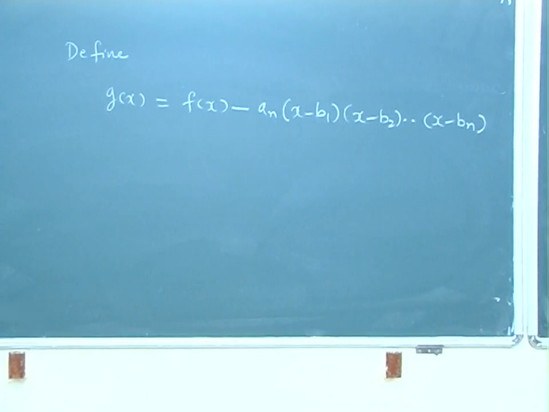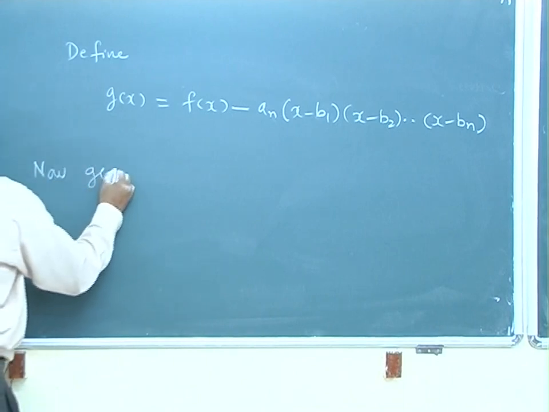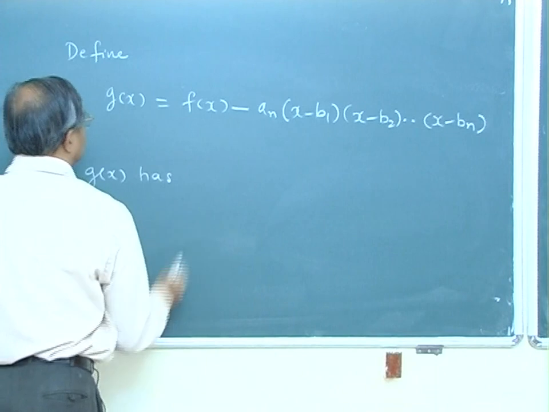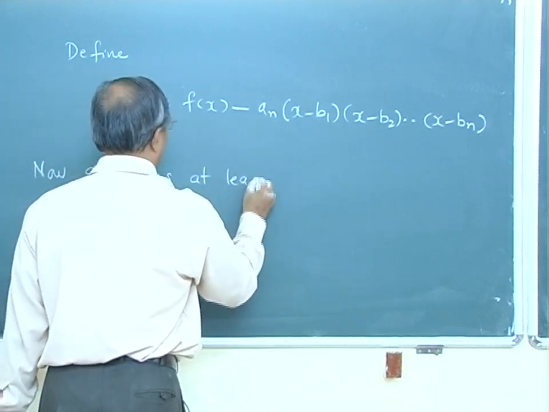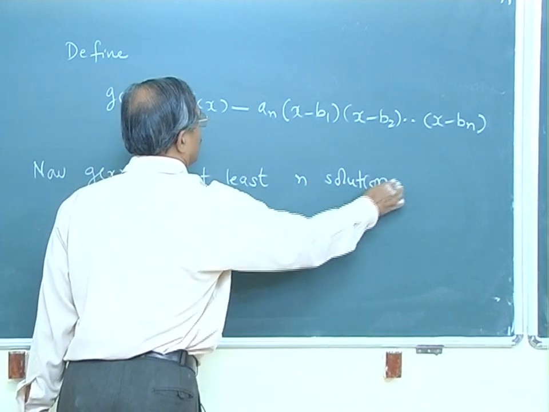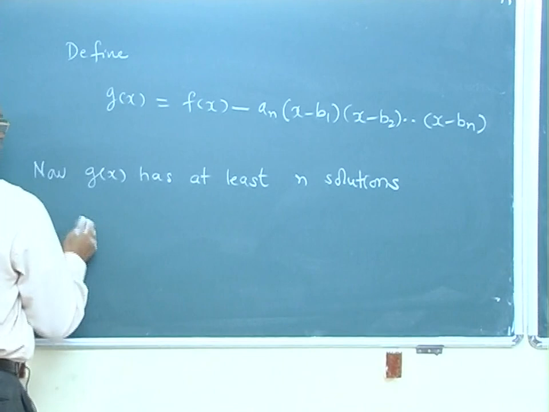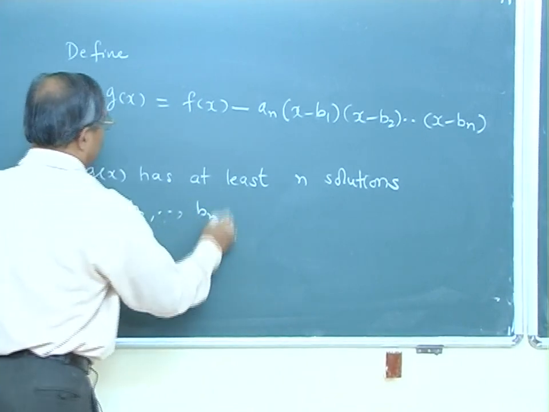Now g(x) has at least n solutions, b1, b2, etc., bn.